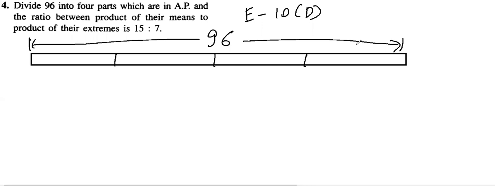So whenever 4 terms are there which are in AP, how should I assume the terms? I can assume A, A plus D, A plus 2D, and A plus 3D. But this is not the proper way. We should not consider this. So what will we consider?